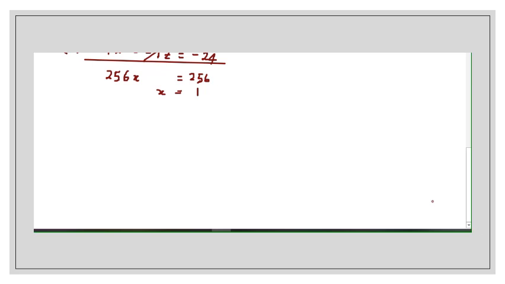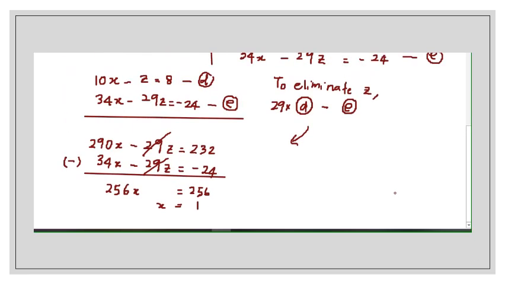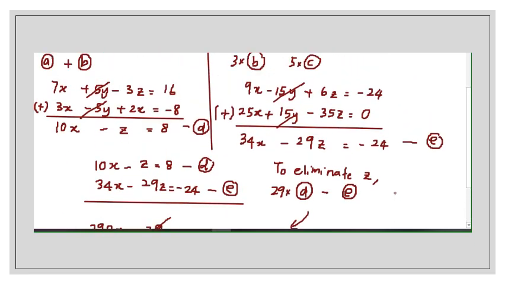Now we are solving each variable: variable x, variable y, variable z. Come back to our previous equation that has two variables, two unknowns. We can get from equation D or equation E, that has two variables including x, because the answer of x we already get: x equal to 1.